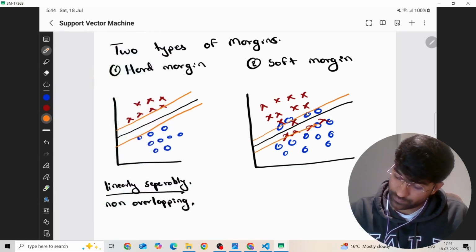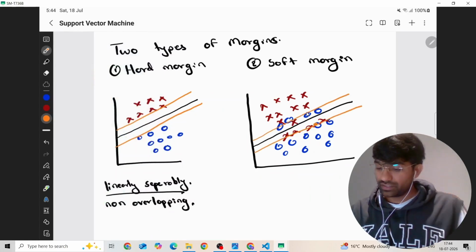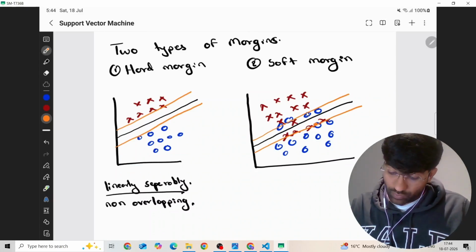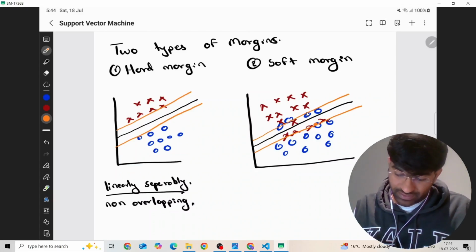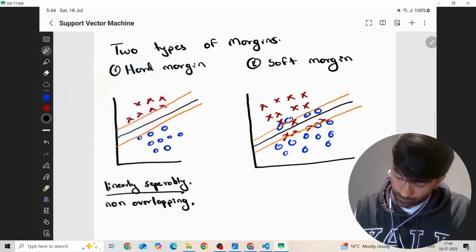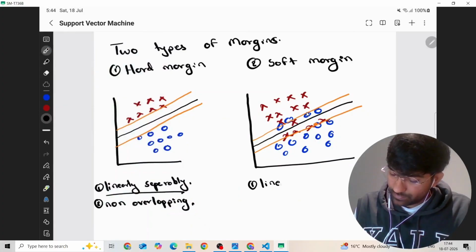This is our hyperplane. But if you notice here, some of our data points are overlapping, though the data is linearly separable.